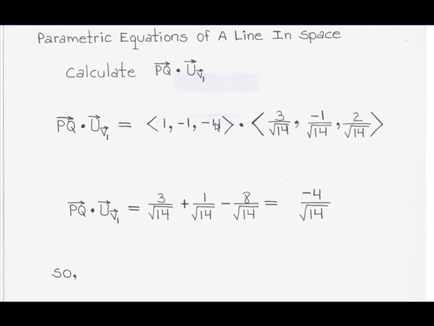Then here I have negative 4 times positive 2 over the square root of 14. So multiplying that together, we end up getting negative 8 over the square root of 14. Combining our terms, we get that the dot product of PQ with the unit vector V1 is equal to negative 4 over the square root of 14.